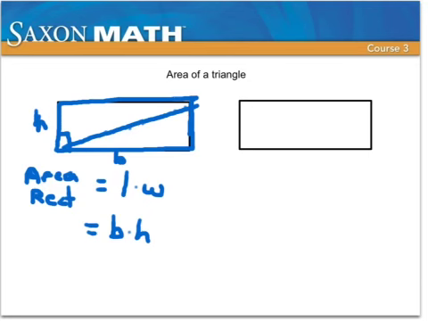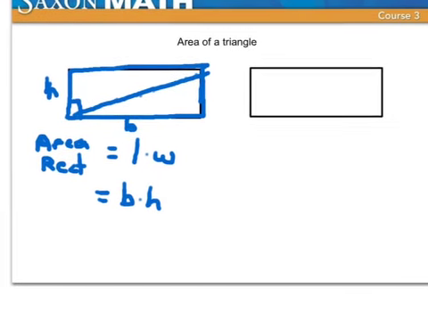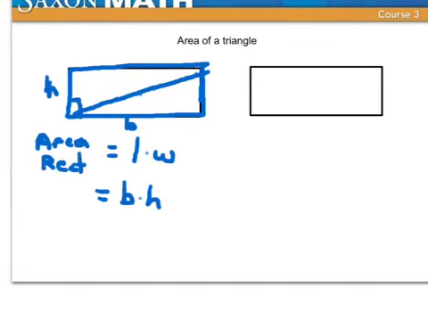Well, if the area of a rectangle is base times height, what did we do to our rectangle? We took it and we cut it into two pieces. Okay? So that means that the area of one of these triangles is the area of the rectangle cut in two.